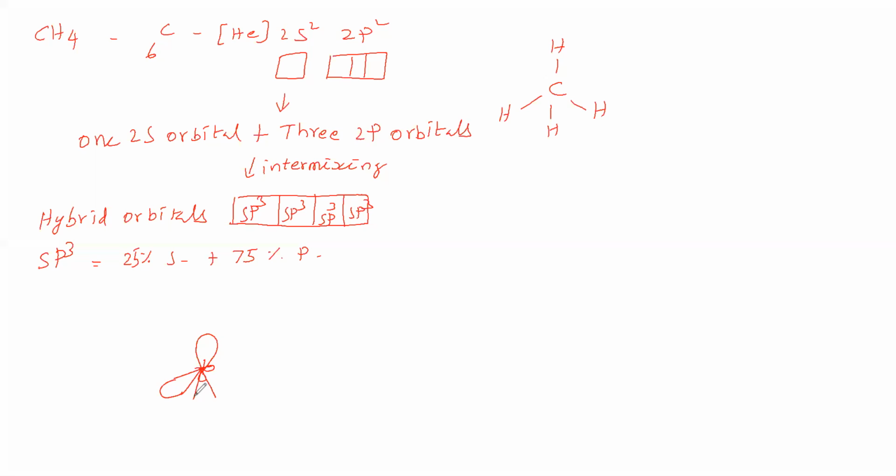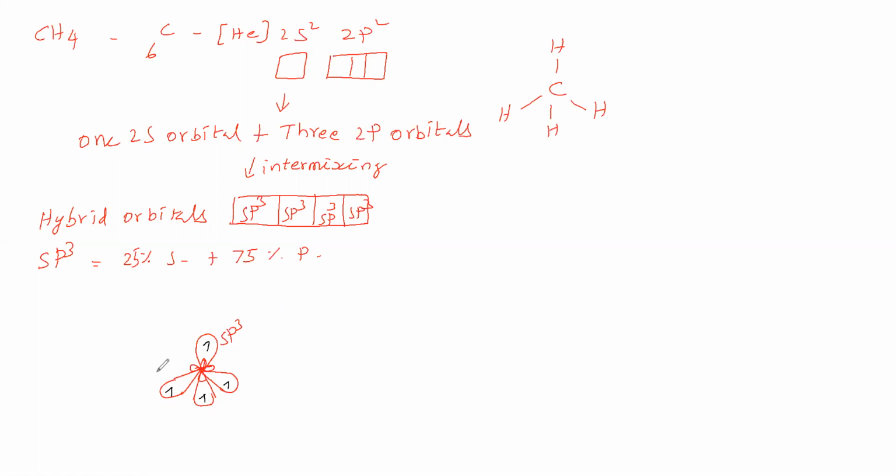Third sp3 hybrid orbital is orienting like this. Fourth sp3 hybrid orbital is orienting like this. Okay. All these sp3 hybrid orbitals have the same energy and same shape. So all the four sp3 hybrid orbitals are equivalent. So distribute the valence shell electrons equally into all four hybrid orbitals as per Hund's rule, singly filled with parallel spins.